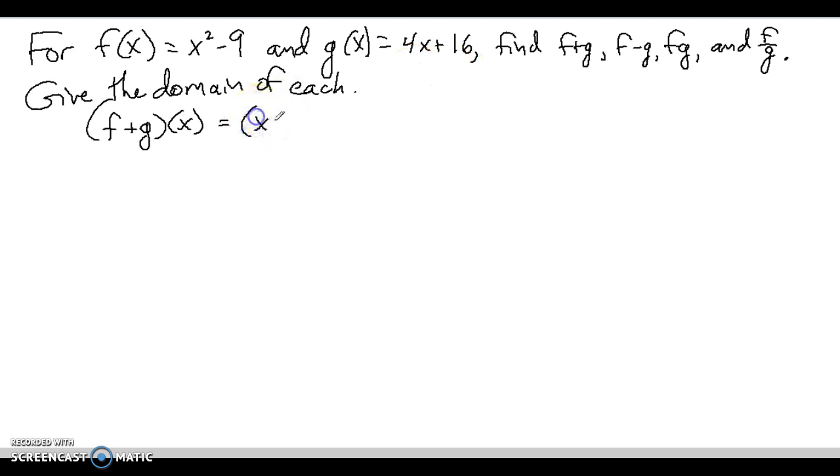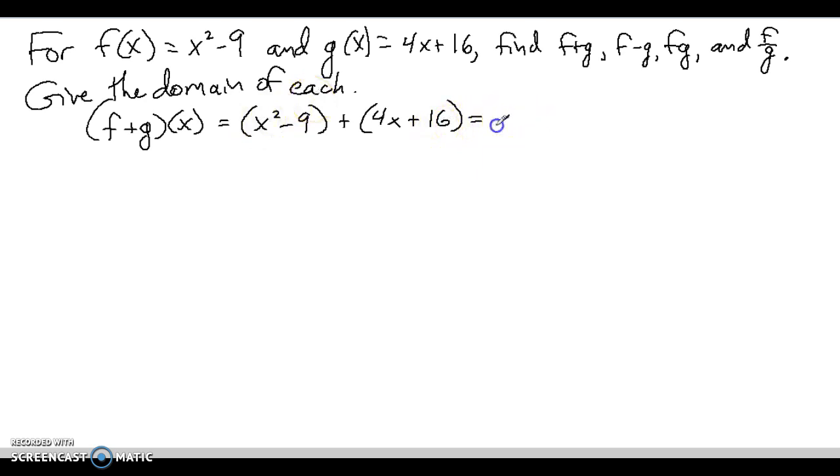So we have x squared minus 9, that's not a plus, that's a minus, plus 4x plus 16. Now, since this is addition of polynomials, these parentheses aren't really necessary, so we can just ignore them and combine like terms.